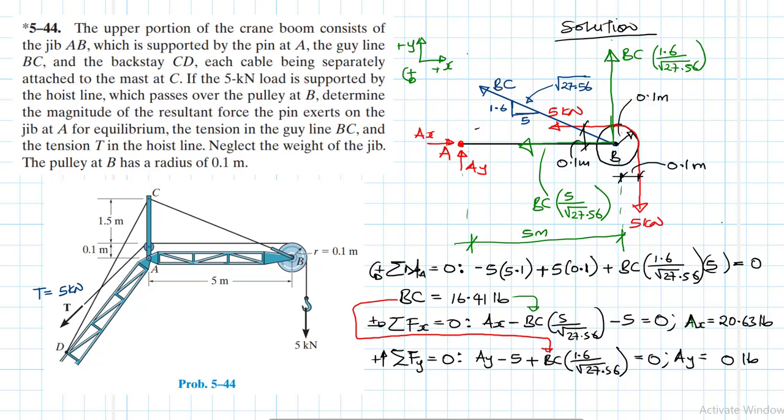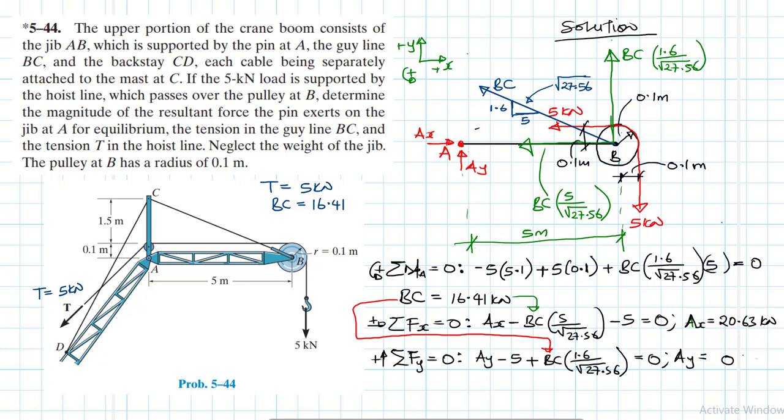Okay, so we have T equal to 5 kilonewtons. We have BC equal to 16.41. These are kilonewtons. Sorry, I don't know why I was indicating pounds. Okay, these are kilonewtons, not pounds.